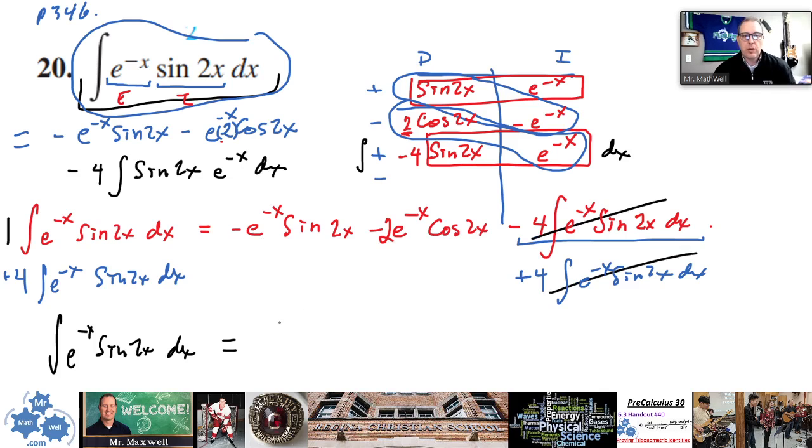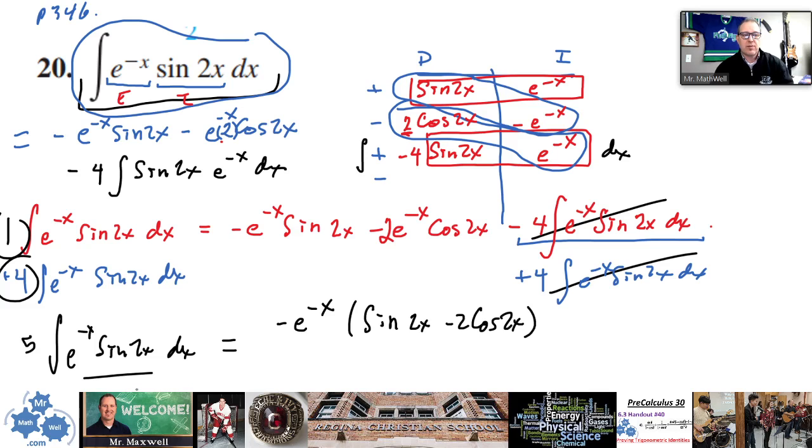I think that would be appropriate. Negative e to the negative x, and that's going to be left with sine of 2x minus 2 cos 2x. And then of course we want to divide by 5, because this was 1 plus 4. There's 5 of these now, so divide by 5.